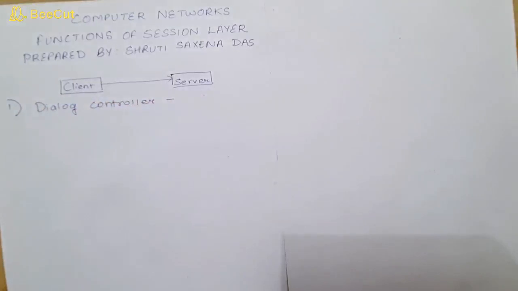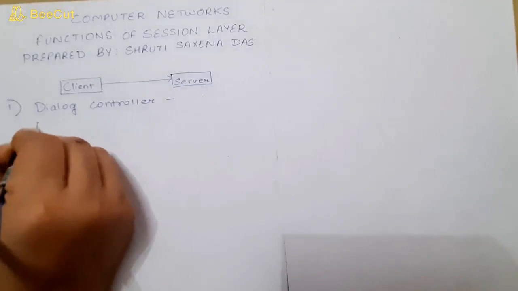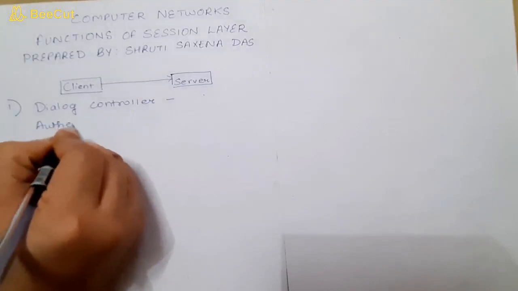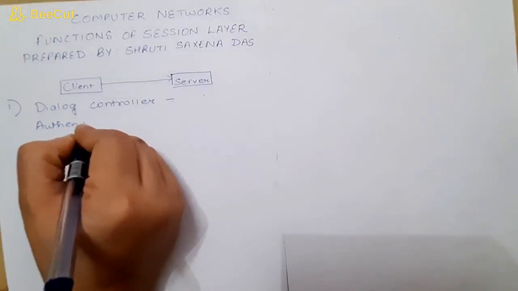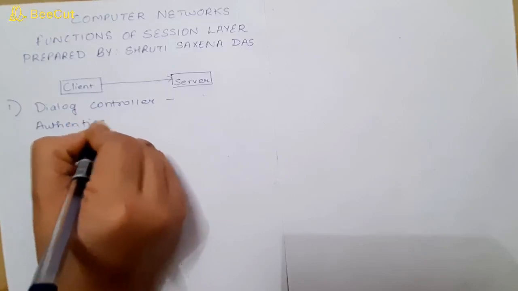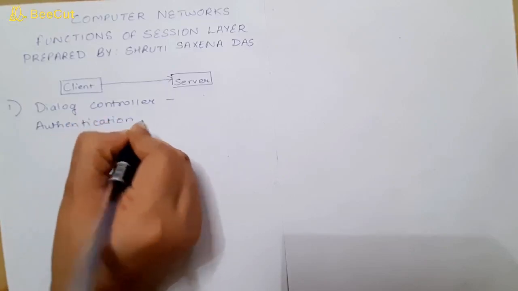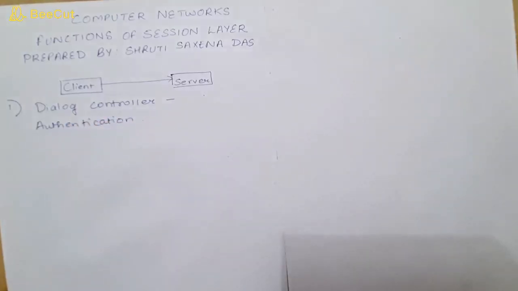It allows the systems to communicate in either half duplex or full duplex mode. If the client wants to communicate with the server, the client needs to be authenticated. For authentication, user ID and password are needed.